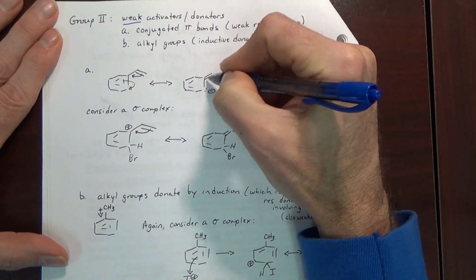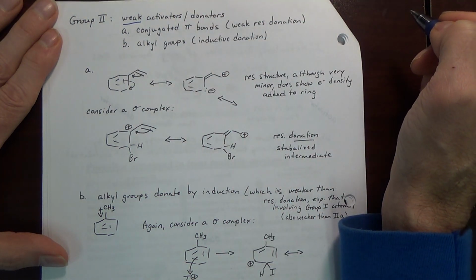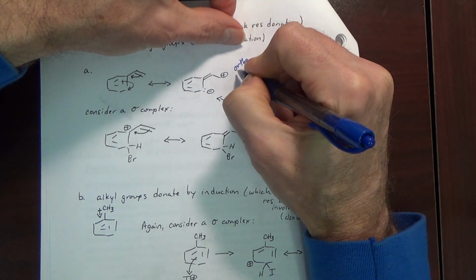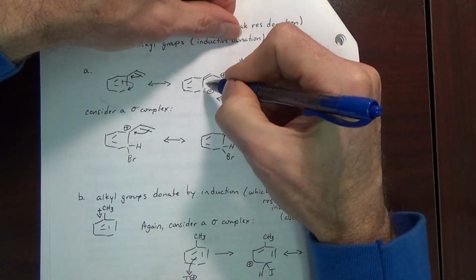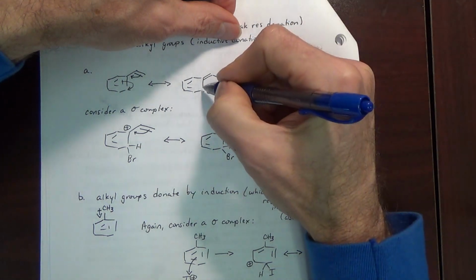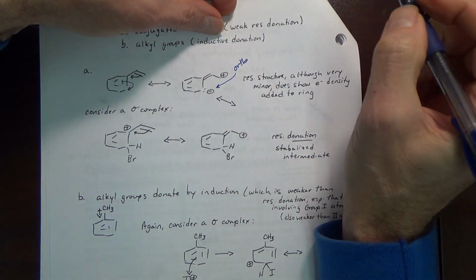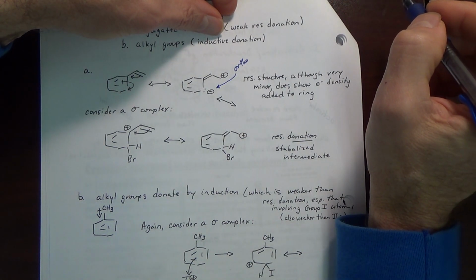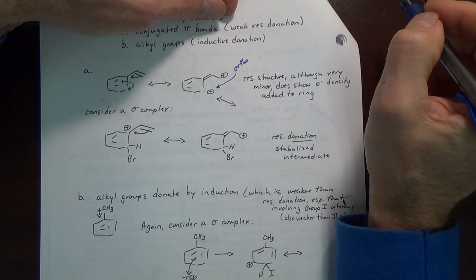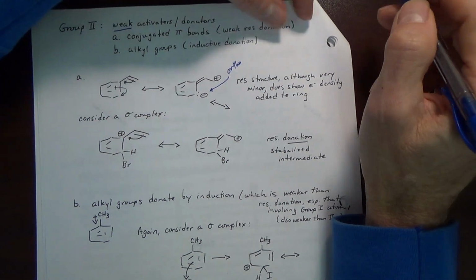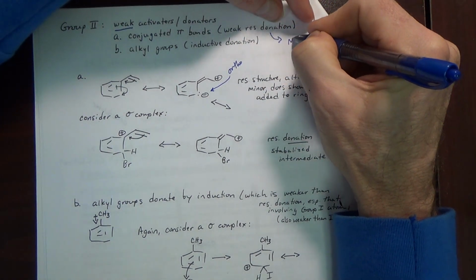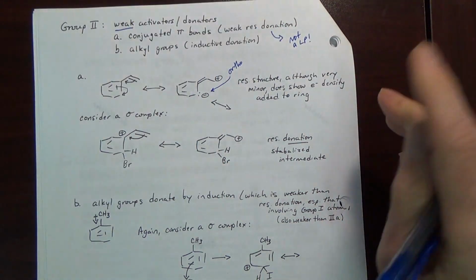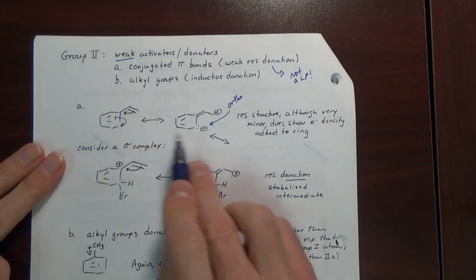We can get this resonance structure, and we see that the ortho position has increased electron density due to the group. Now this is resonance donation, and you can keep going here.